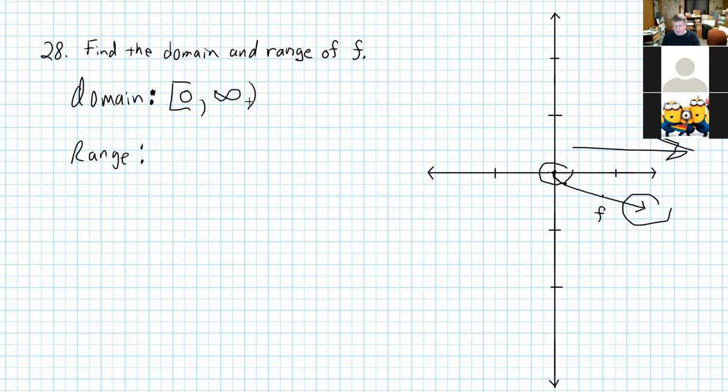So it's negative infinity and it stops at 0. So what did you say? Negative infinity, yes, you wouldn't say infinity negative. And then it stops at exactly 0. So it looks like that.